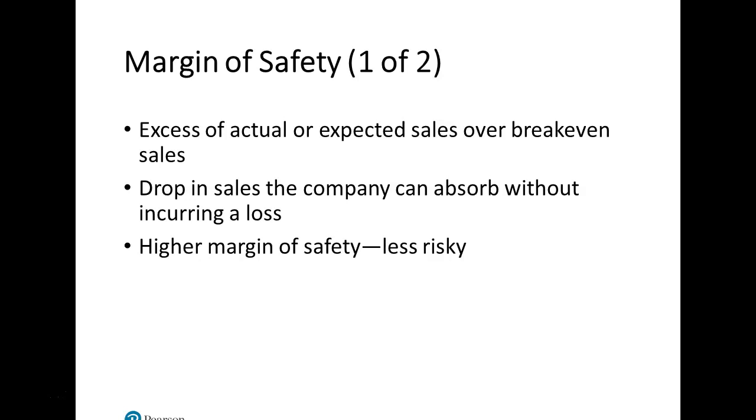So again, it's all about if something happens in our sales, do we have enough margin of safety to cover it without incurring a loss? That's our margin of safety. That's our little catch to make certain that we don't lose money. So if you have a product that's risky, you want to have a higher margin of safety, just to be safe.